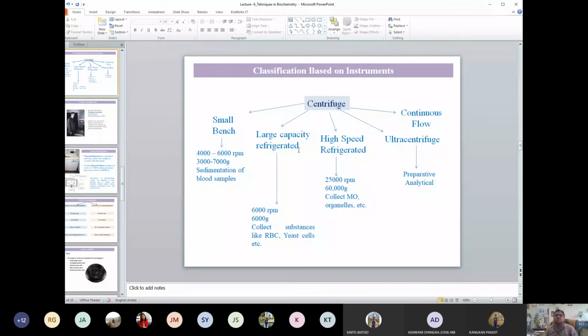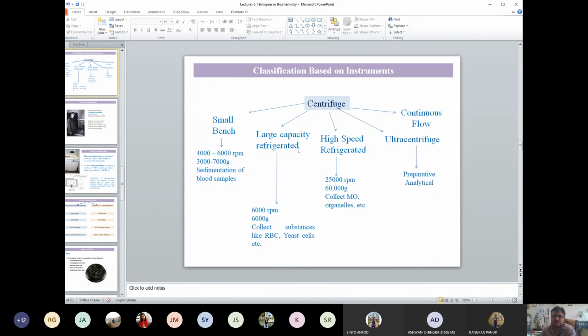The first is the small bench centrifugation, where the RPM speed is 4,000 to 6,000 RPM and RCF is 3,000 to 7,000 G. This small bench type of centrifugation is basically used for sedimentation of blood samples or maybe for small spin wheel based work. In that case, we are using small bench centrifugation.